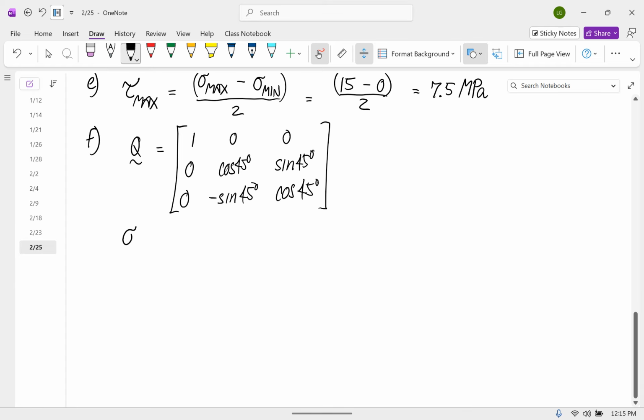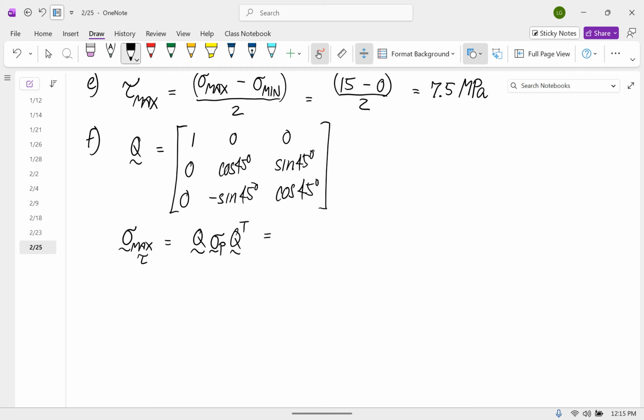So my stress tensor with a maximum shear stress is equal to Q times my principal stress tensor times Q transpose.